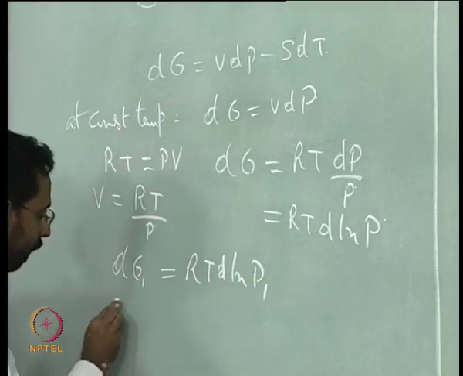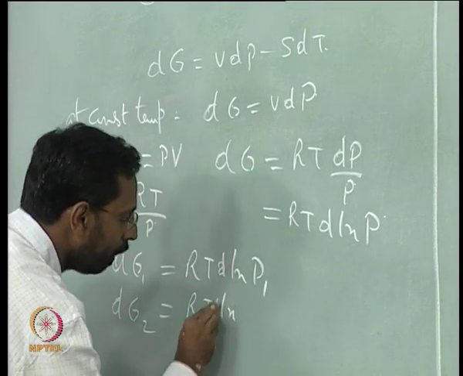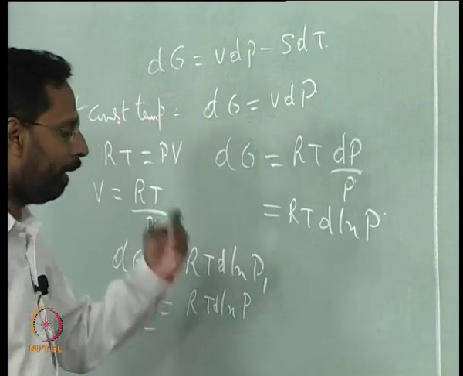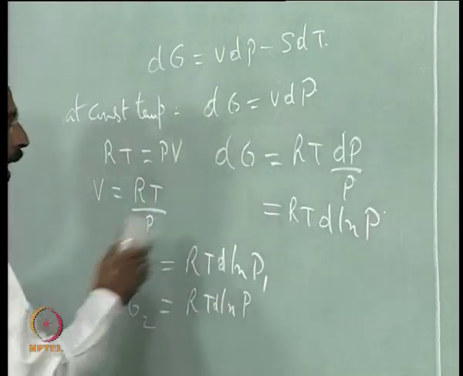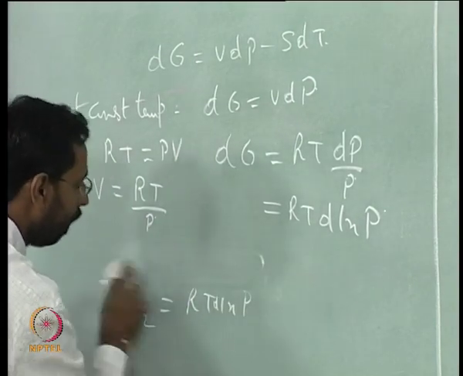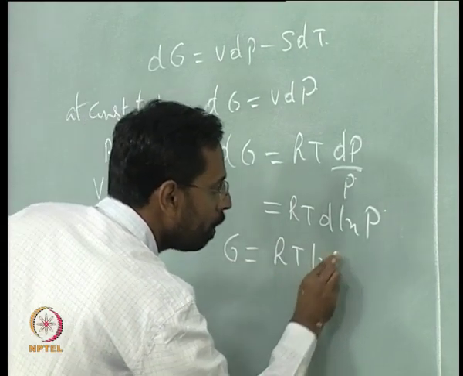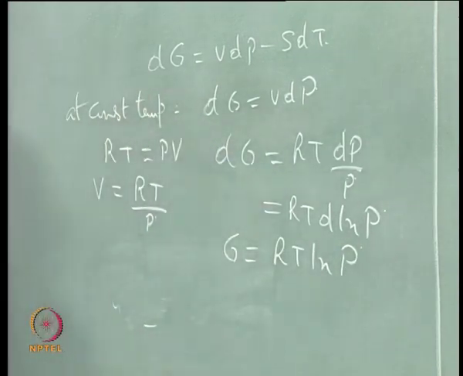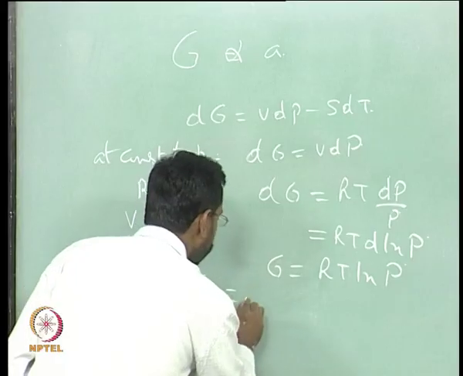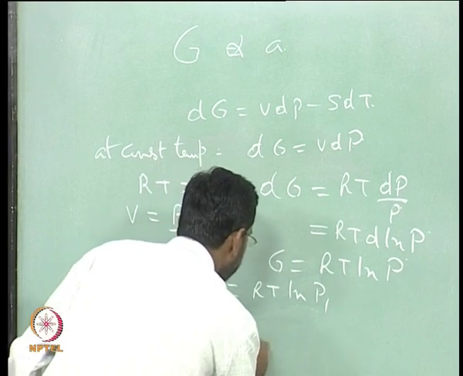I can write another dG2 as RT d ln P2, or if we write it in terms of G alone, you can simply write G equal to RT ln P. The d can be removed. Once you write it, you can write G1 equal to RT ln P1 and G2 equal to RT ln P2.